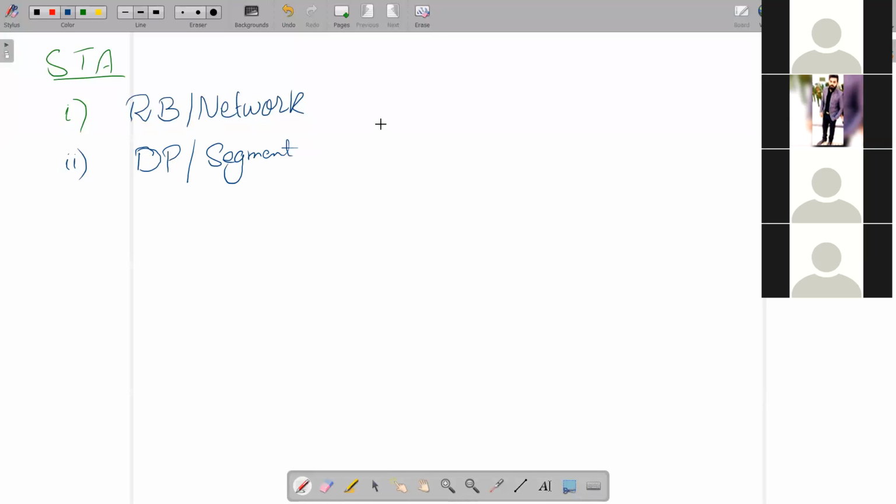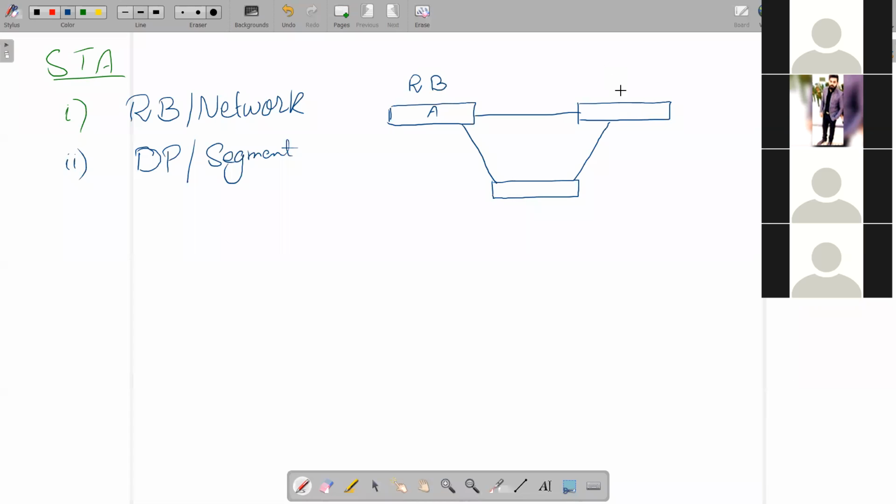In our network, now we have this kind of infrastructure. For example, we have 3 switches, and switch A has been elected as the root bridge, and we can say the rest of the switches are non-root bridges.